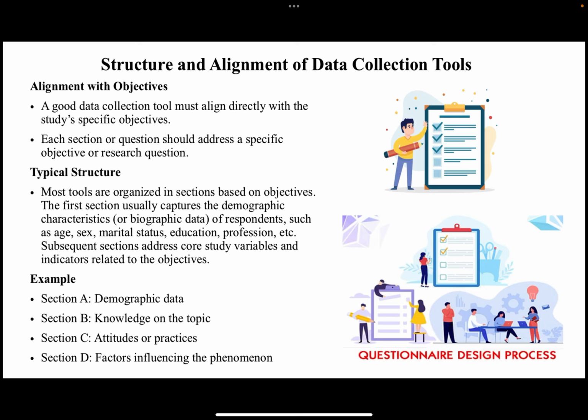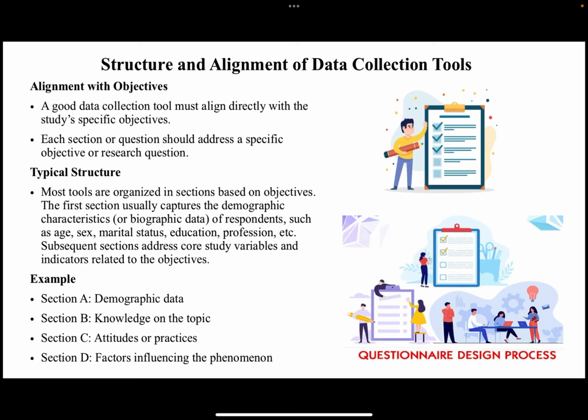If we take a typical data collection instrument like a questionnaire, sometimes we divide it into sections, like section A, section B, section C, section D. The sections of the questionnaire should align with the specific objectives.